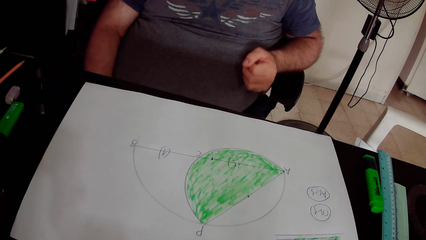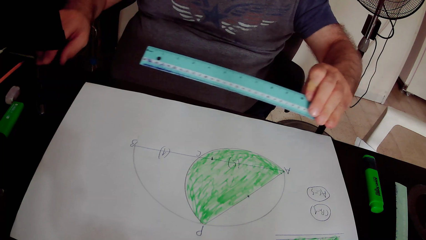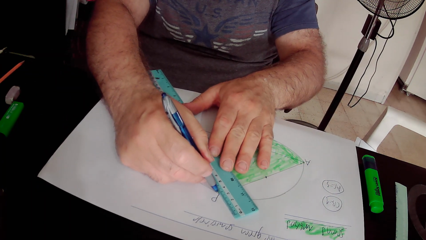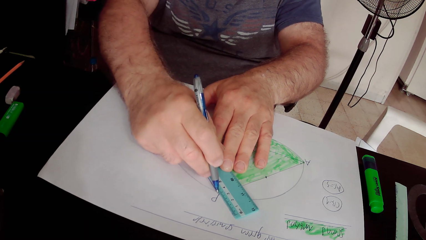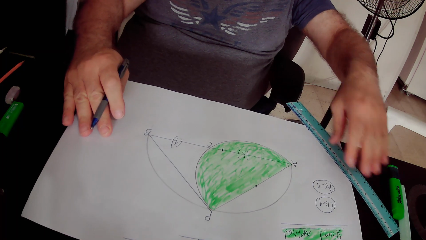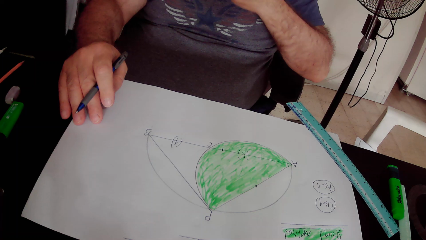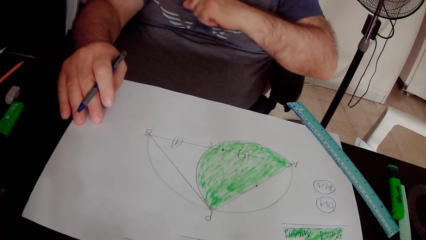In the second method, we join points P and B together by a straight line. I'll copy the white semicircle in the new page, and we'll analyze the white semicircle.